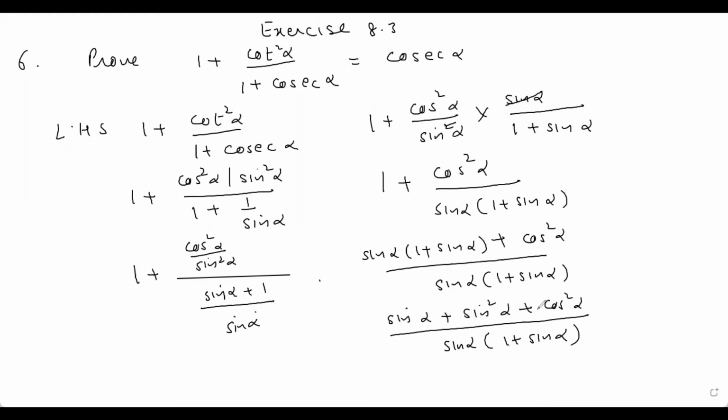Sin square alpha plus cos square alpha is 1. So this is equal to sin alpha plus 1 upon sin alpha, 1 plus sin alpha. Sin alpha plus 1 and 1 plus sin alpha is cancelled. I'll have 1 upon sin alpha that is equal to cosec alpha. So left hand side is equal to right hand side.